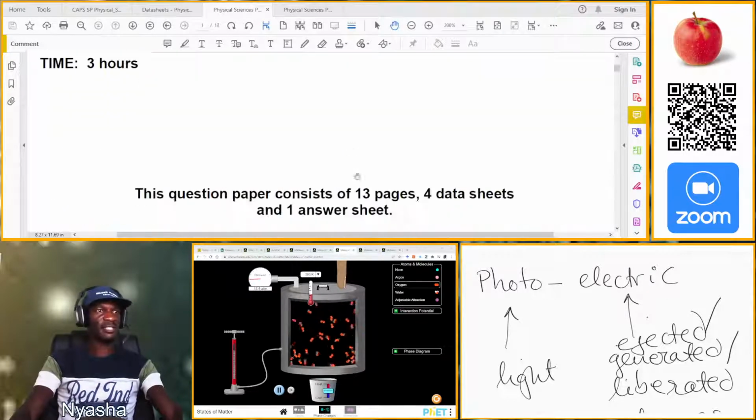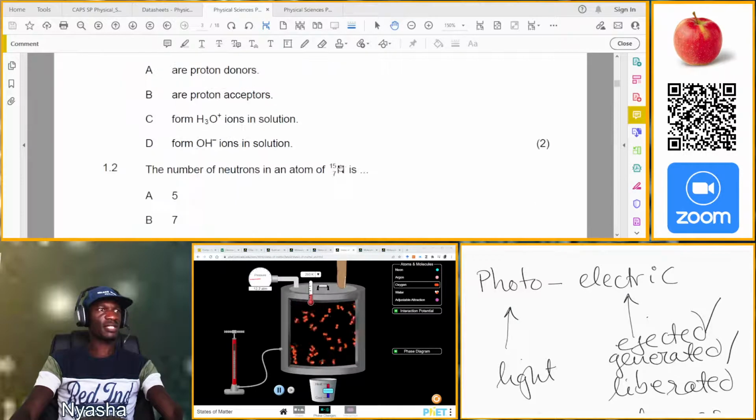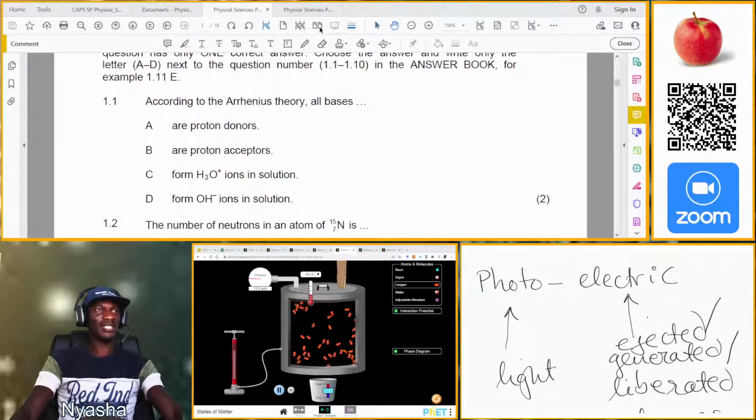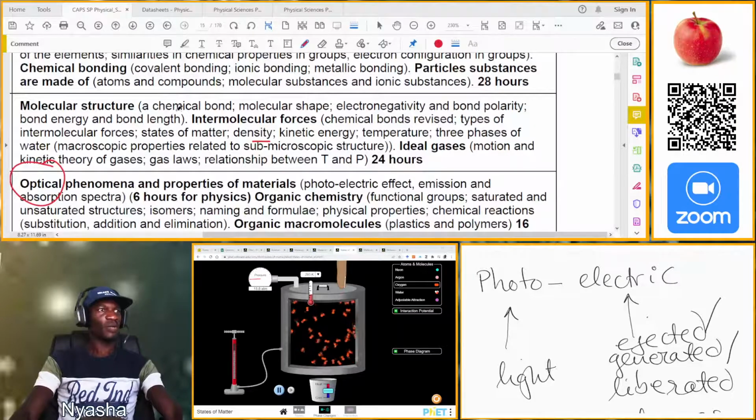What we have in these papers are the multiple choice questions, and we try to see if you can identify questions that have to do with molecular structure. Remember, what are the subtopics on molecular structure? We're looking at chemical bonds, shapes of the molecules, electronegativity, bond polarity, bond length, bond energy, intermolecular forces.